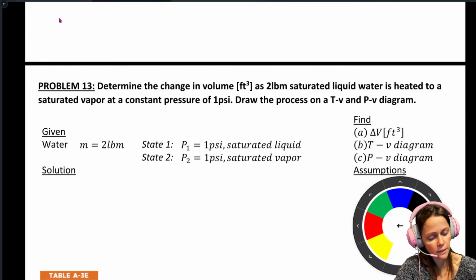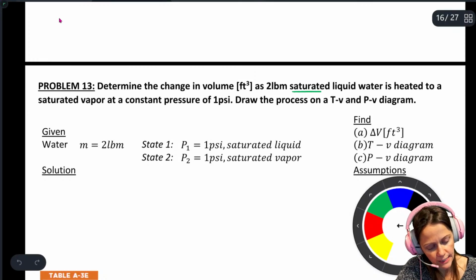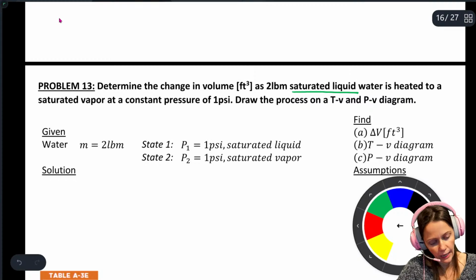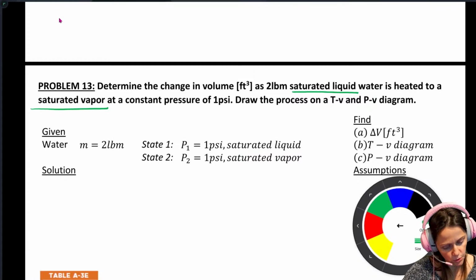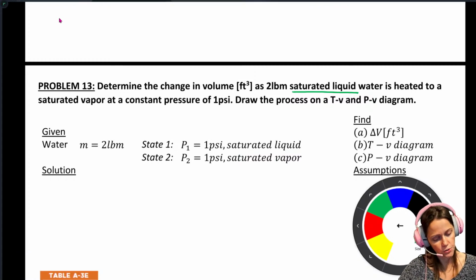So state 1, we start out as a saturated liquid, and it's heated to a saturated vapor. Okay, so saturated liquid, saturated vapor, and it's a constant pressure of 1 psi. And then we want to draw also the process on a TV and a PV diagram.